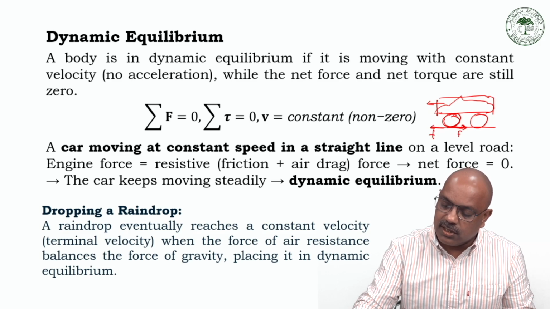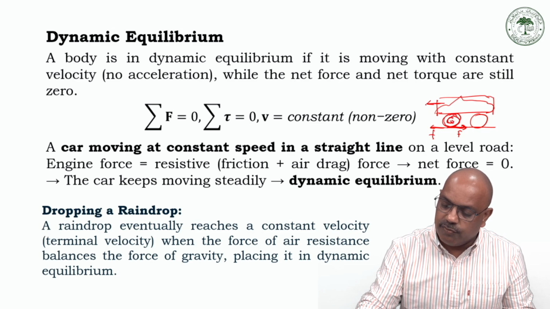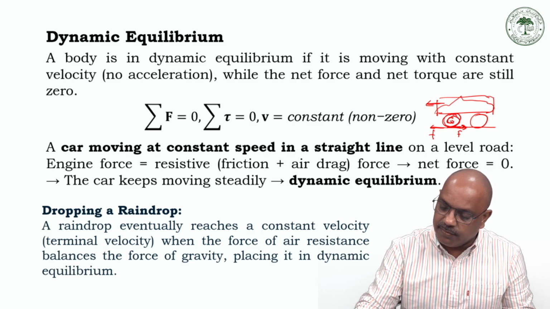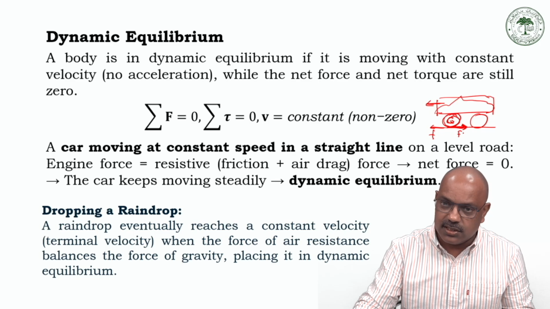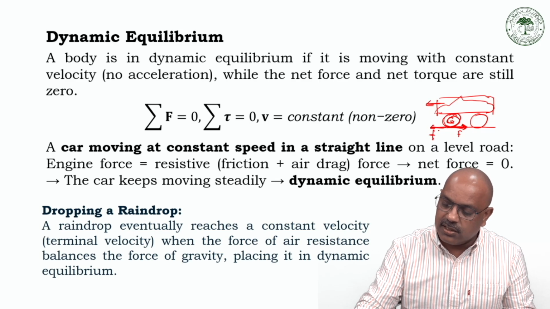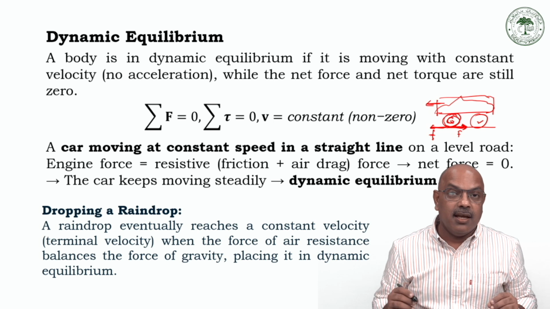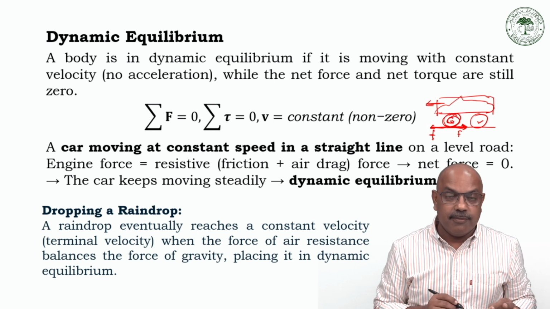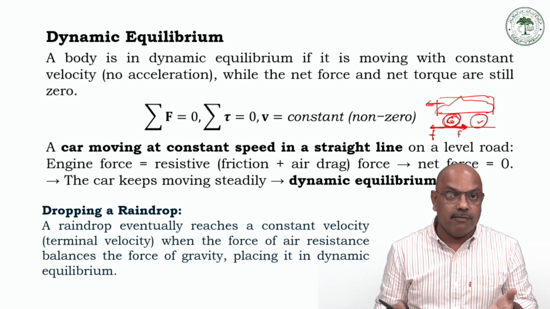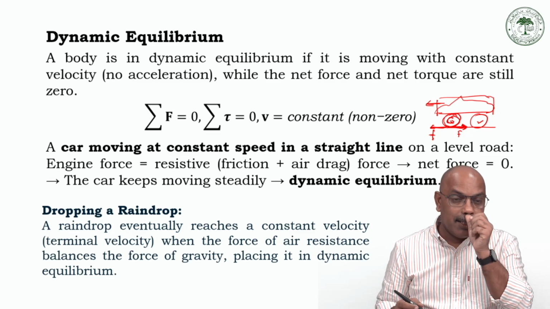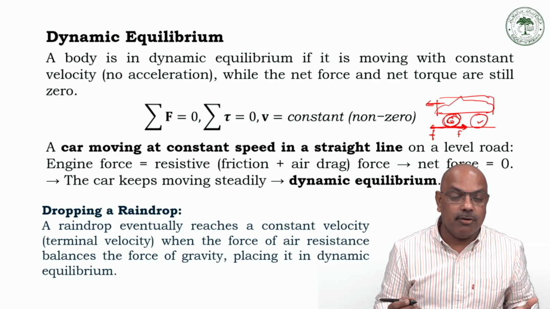Because the tires are moving in this way to move further, the force by the car on the road is in this direction, so the friction acts in this direction. Similarly for the other tires, the forces are acting when the car is moving. Still the forces are acting, but the car is moving with a uniform velocity, and there is no acceleration. So this system is in dynamic equilibrium.